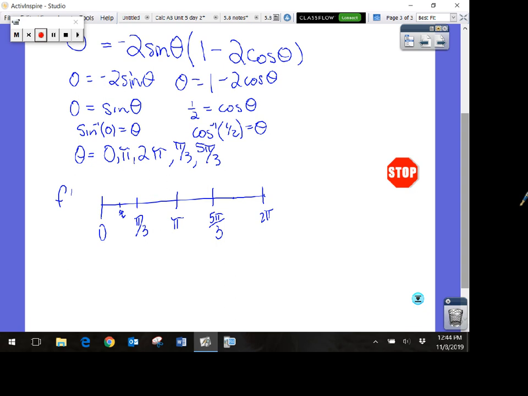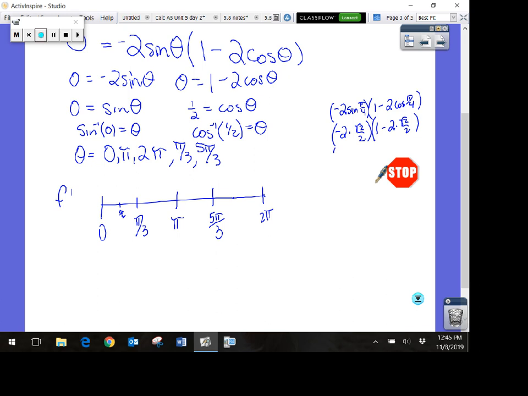If I do pi over 4, that's negative 2 times sine of pi over 4, and then 1 minus 2 cosine of pi over 4. You can do this in your head; I'm just writing it down so you can see what I'm doing. So we have negative 2 times root 2 over 2, and 1 minus 2 times root 2 over 2.